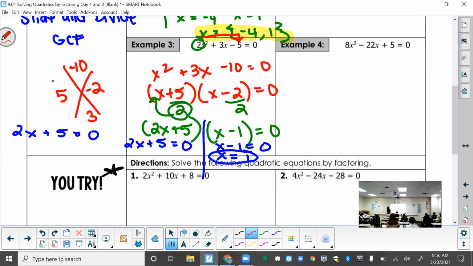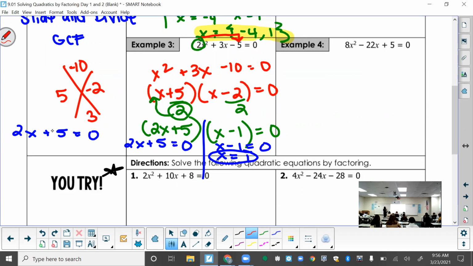There's a certain order that we go in though. So I actually have to get rid of the 5 first. Always get rid of what's farthest from the x first. The 2 is like smushed right up against it, and the 5 is farther away, so you're going to get rid of that first. It's separated by a plus sign.